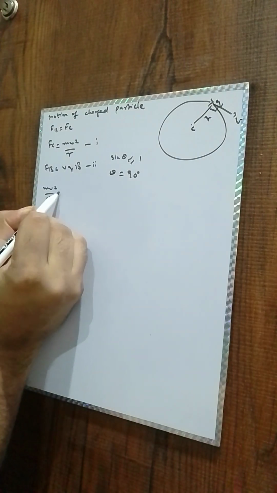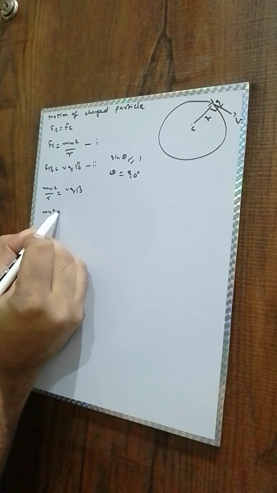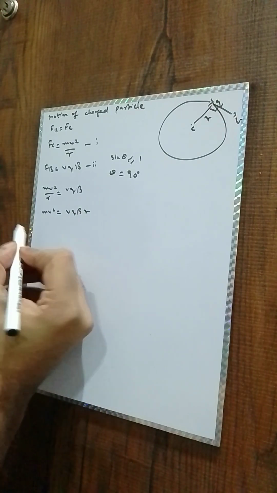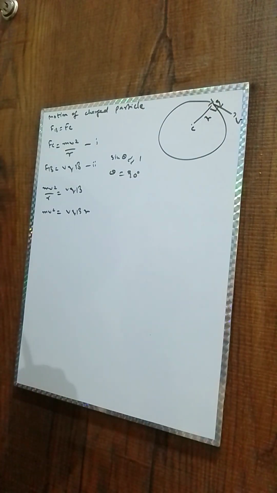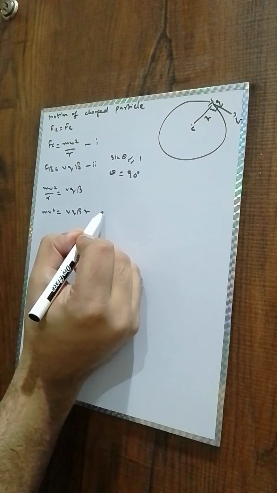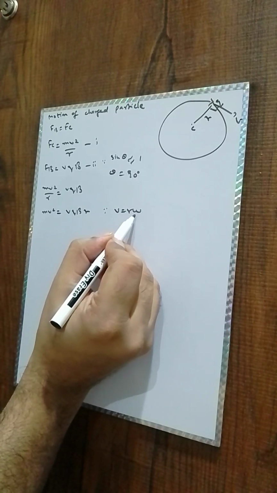mv squared by r is equal to vqB, so mv squared is equal to vqBr, and we're looking to estimate the velocity, but not just the linear velocity. So we put v equal to r omega. Linear velocity is equal to radius times the angular velocity.